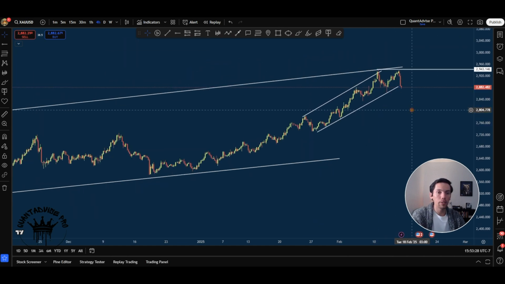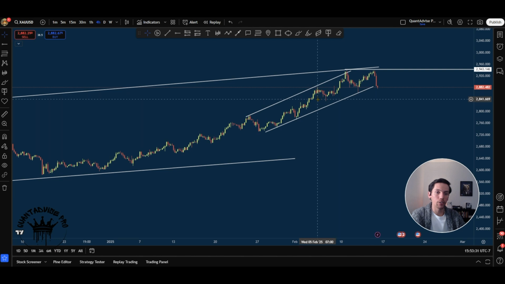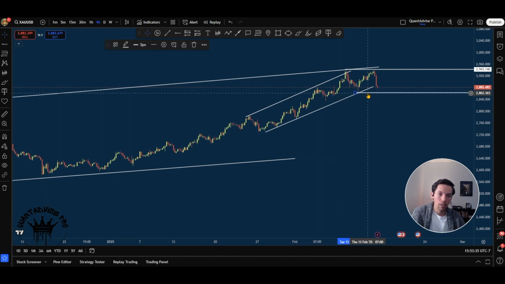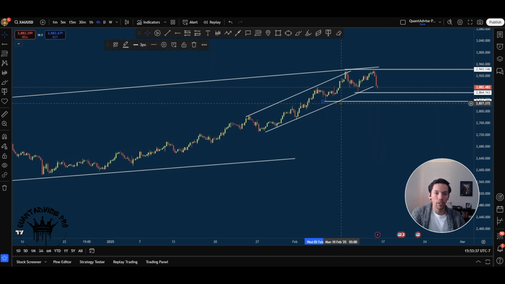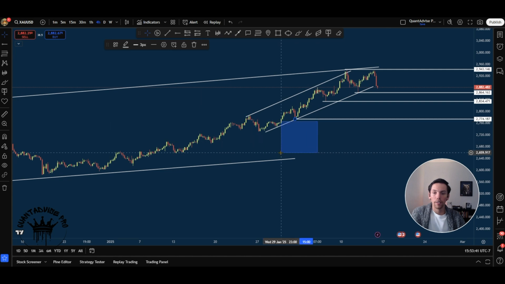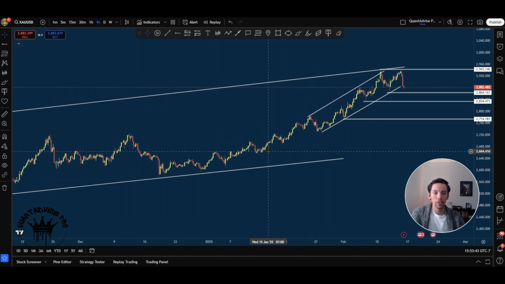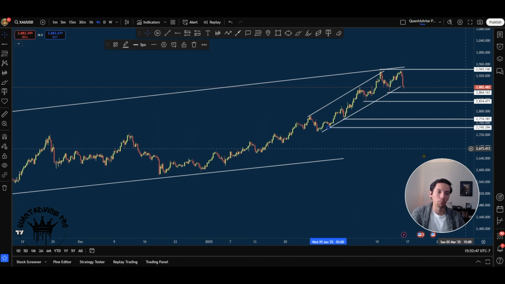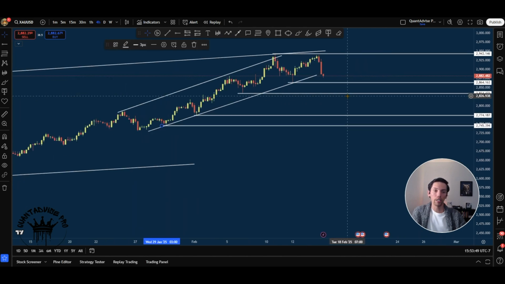Now, besides that, there's other areas of interest I'm going to keep in my mind, like this here, this here, this one here, and then there's some other areas like the further down we go, right? So there's some points of interest for targets.